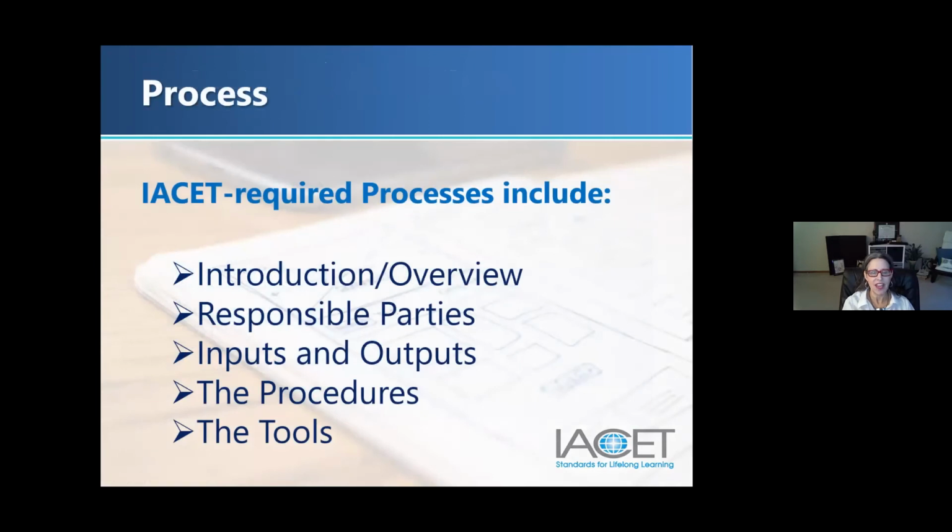Thank you. The next type of documentation, in addition to policies, are processes. When documenting processes, there are several things that you're going to want to include in your process documents. The process objectives, description of the process, why it's needed, and when it is performed.